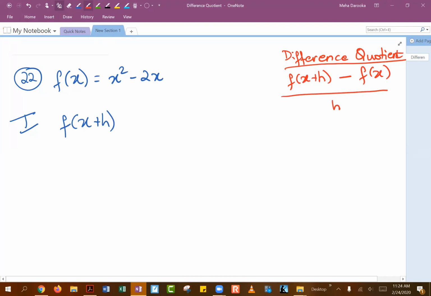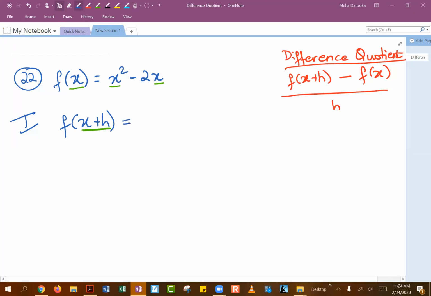So we're starting out with that first part. Remember, wherever you have x in your original function, we're going to be replacing that x with x plus h, which is what we had kind of done last time.